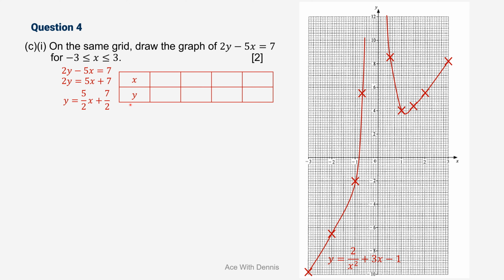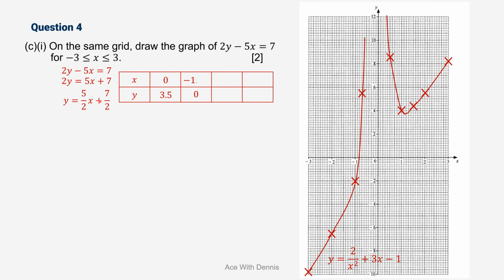So the next thing I will do is build a table with some values for x and some values for y. The first thing I will do is choose an x value which is small and easy to calculate. Let's choose x equal to 0, substitute into this equation, then y will be 3.5. Next, I can also choose the y value. Let's choose it as 0. I will reverse the calculation and get the x value.